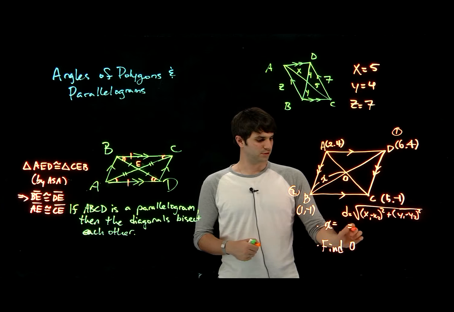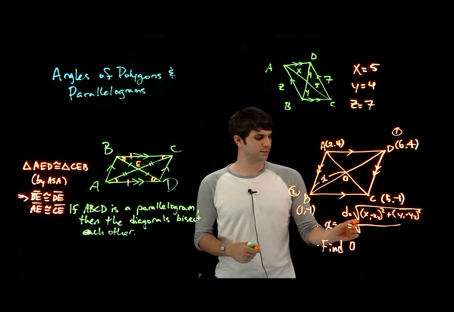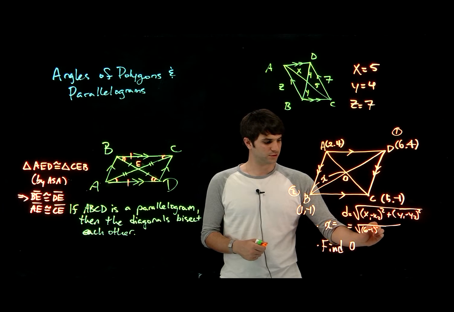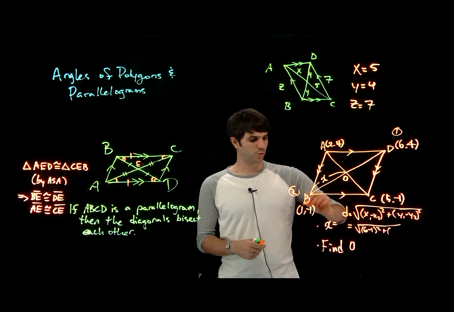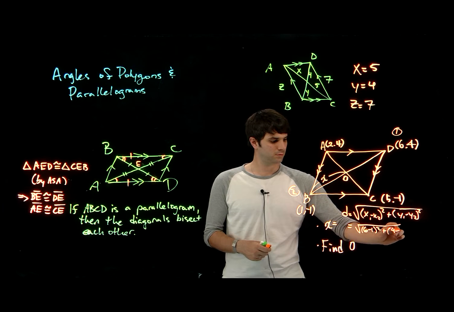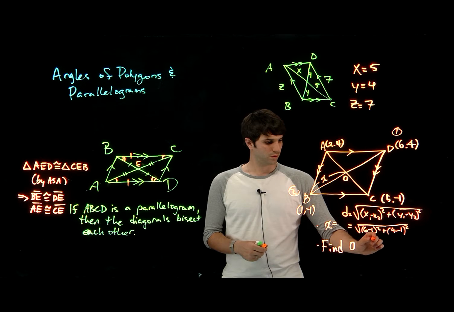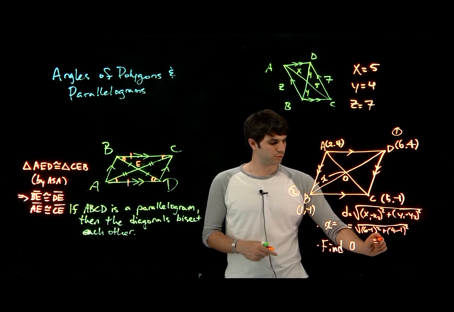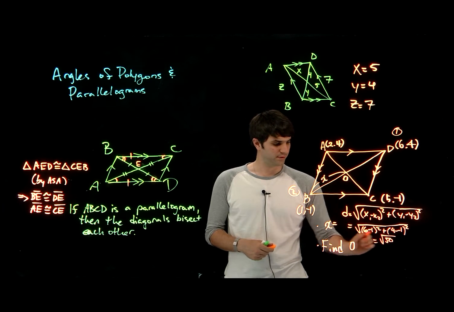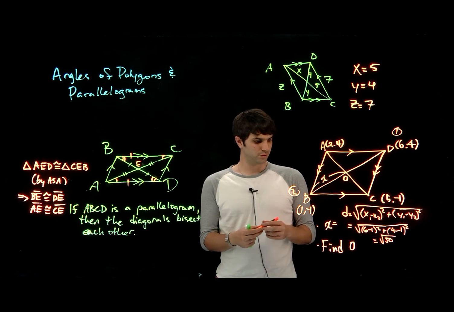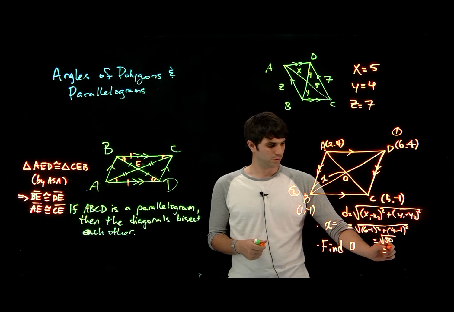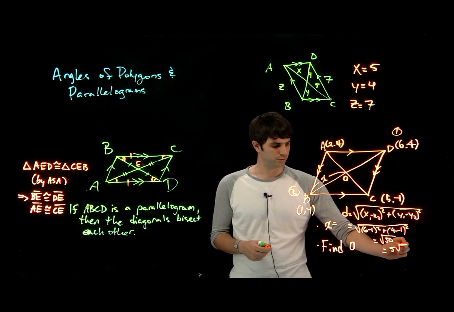So the distance equals the square root of (6 minus 1) squared plus (4 minus -1) squared, which equals the square root of 5 squared plus 5 squared, so root 50, which we can reduce to 5 root 2.